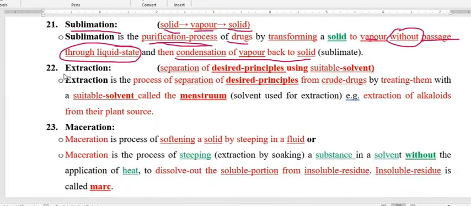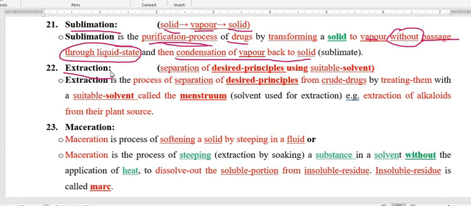Now we go through another terminology, extraction. So what is extraction? Extraction is the process in which we extract many things from the plant, like alkaloids, glycosides, tannins, and resins. We use a solvent.